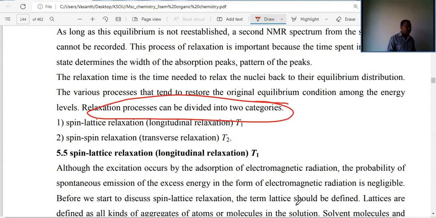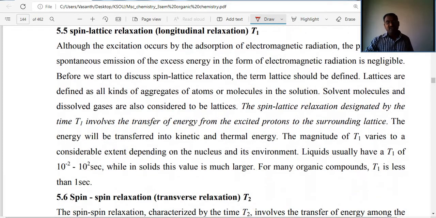One is spin-lattice relaxation, simply the longitudinal relaxation, represented by the symbol T1, and the other is spin-spin relaxation, the transverse relaxation, represented by the symbol T2. What is spin-lattice relaxation? Simply, it is longitudinal relaxation.